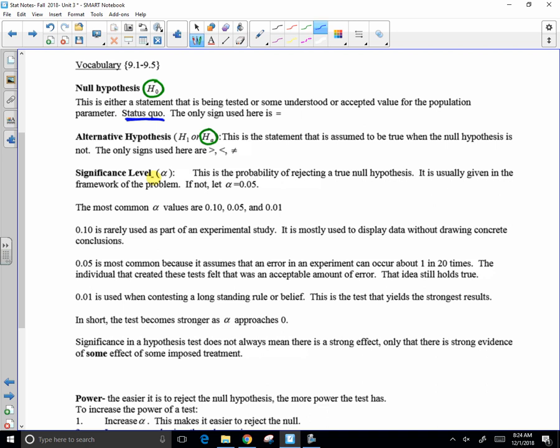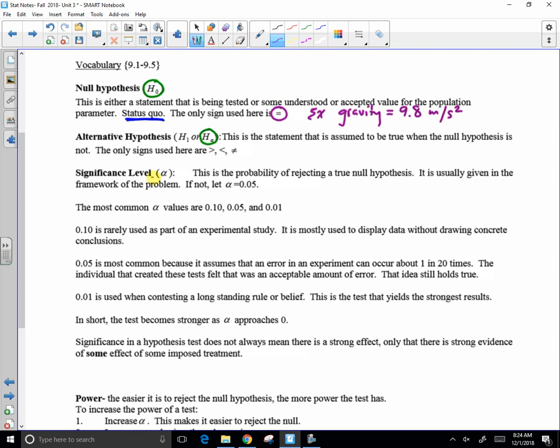So in the null hypothesis, we use an equal sign. For example, the acceleration due to gravity is 9.8 meters per second squared.